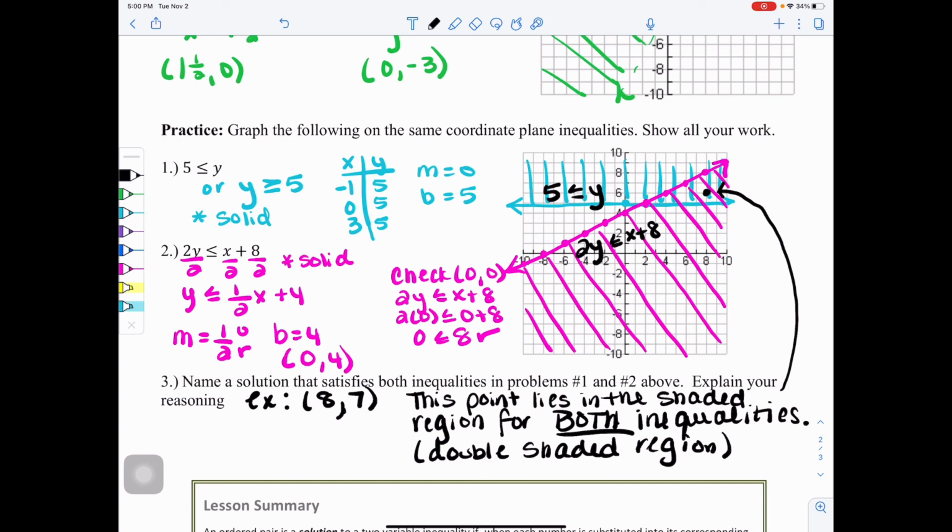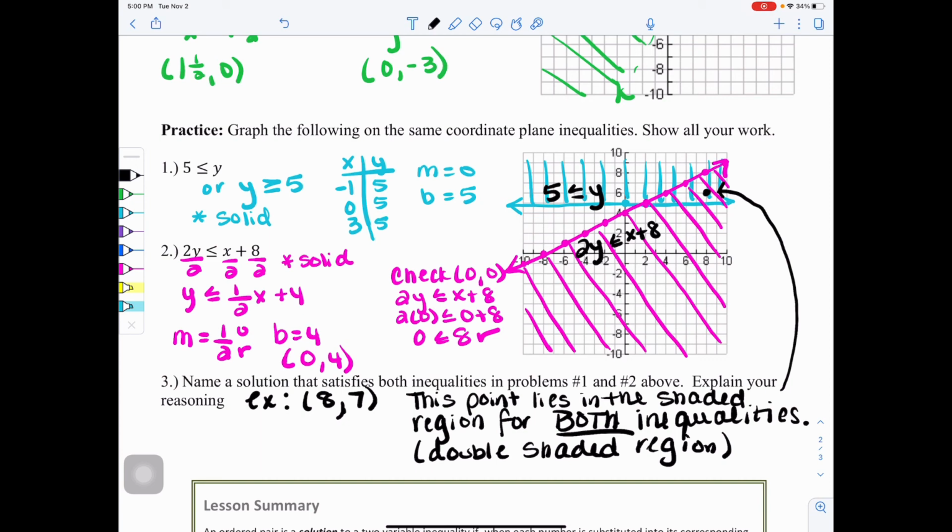So if I'm graphing y equals 5, all my y values are 5, which remember means it's going to be a horizontal line with a y-intercept of 5. I did put in there that technically y equals lines have a slope of 0 and a y-intercept of 5. And since it is greater than or equal to 5, when you switch it around there, you want to make sure you're shading above. Don't forget to label your inequality in the region.